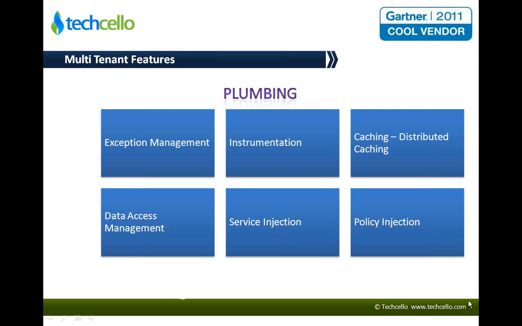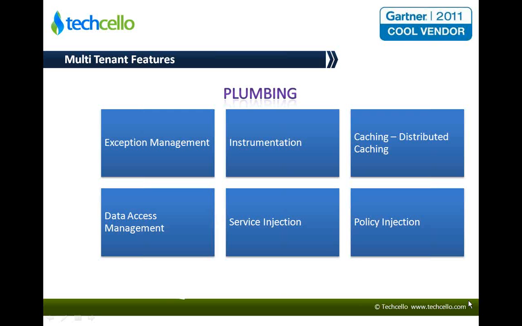I'm not going to explain all of these blocks. We will look into things that are going to be a little complex and that need a little more thought process to them. But these are general stacks that one would have on the plumbing layer. By plumbing, I mean the basic cross-cutting components that you would find in any application, be it on-premise or multi-tenant.